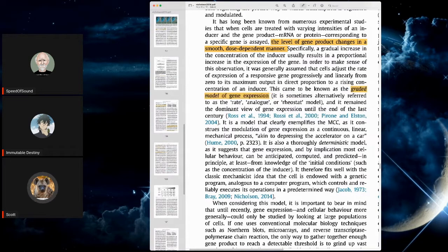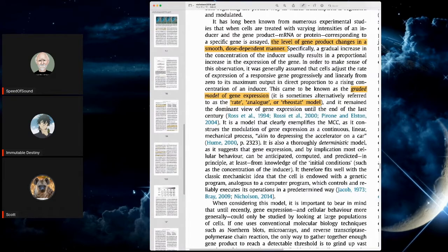It is sometimes alternatively referred to as the rate, analog, or rheostat model, and it remained the dominant view of gene expression until the end of the last century. It is a model that clearly exemplifies the MCC, as it construes the modulation of gene expression as a continuous, linear, mechanical process akin to depressing the accelerator on a car.